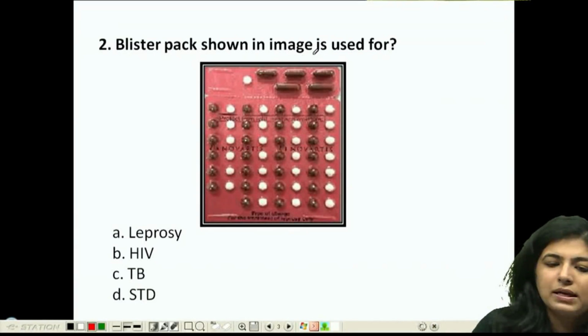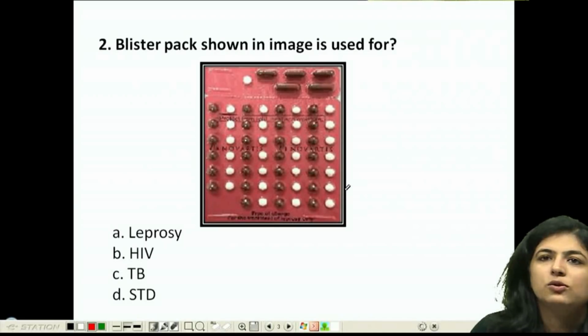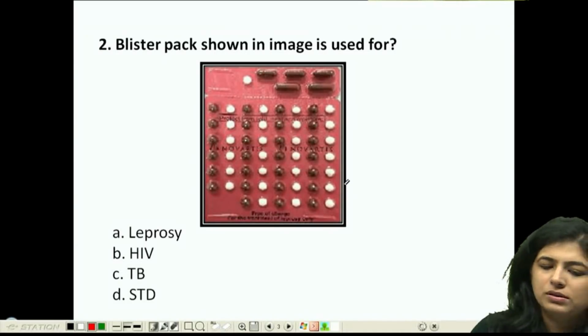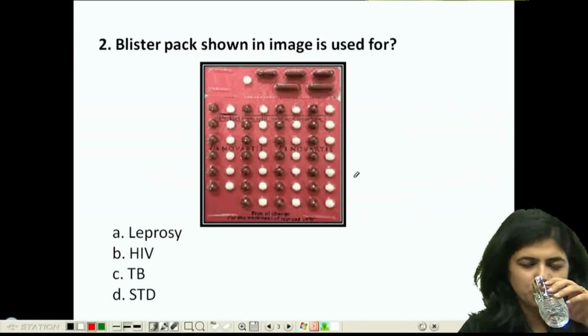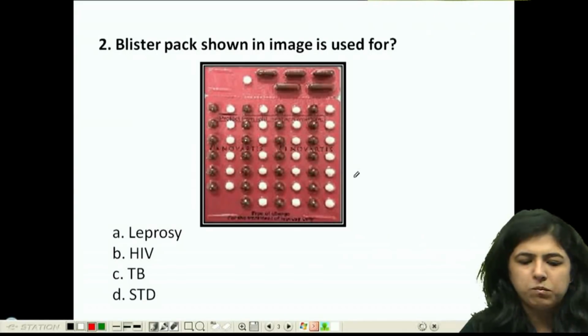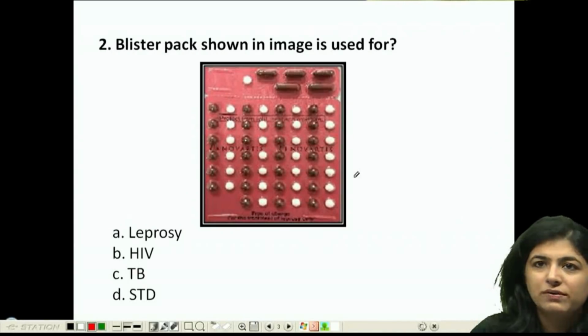So a blister pack is shown. Where is it used? I am sure if you can answer that, this is a relatively easy question. See, blister packs are used in leprosy treatment, they are used in TB treatment, they are used in STD, they are used in HIV.